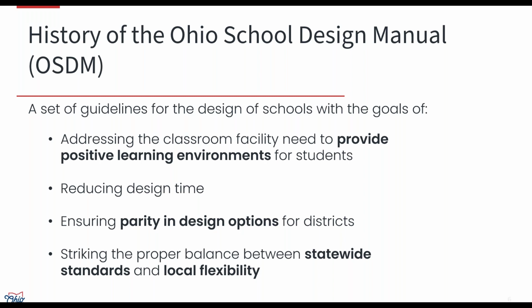We wanted to reduce design time, and we wanted to strike the proper balance between statewide standards and local flexibility. And I don't know about you, but I sure am glad that we didn't end up with just standard plans. The design manual provides for such flexibility. So I'm happy we landed here.